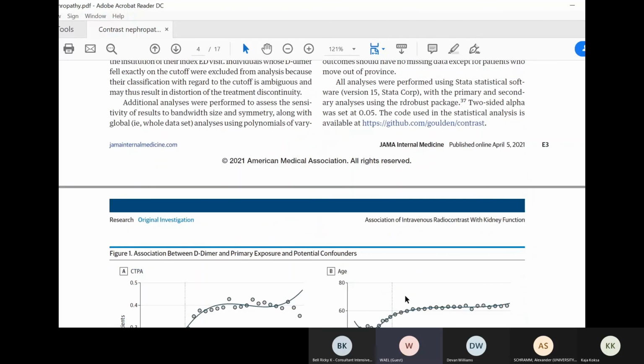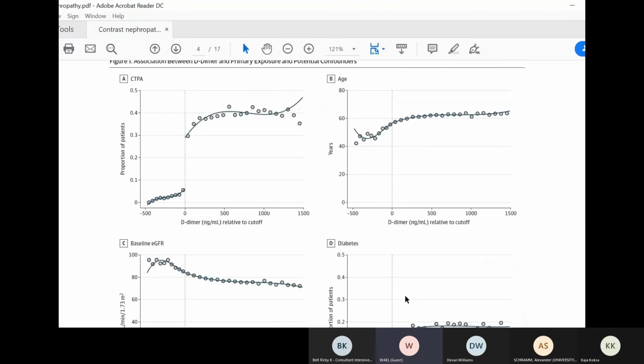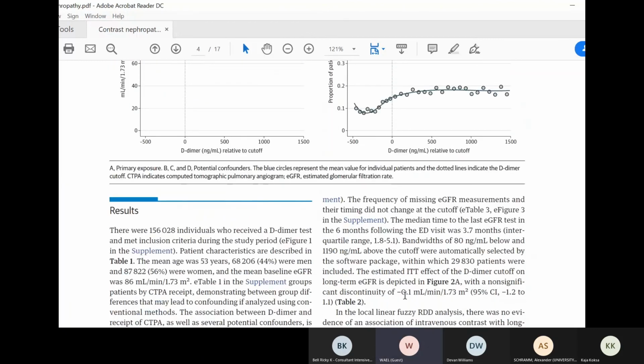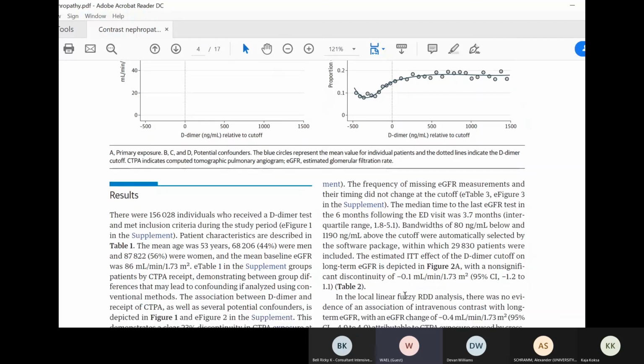The final result here was that about 156,028 individuals received the D-dimer test and met the inclusion criteria during the study period.